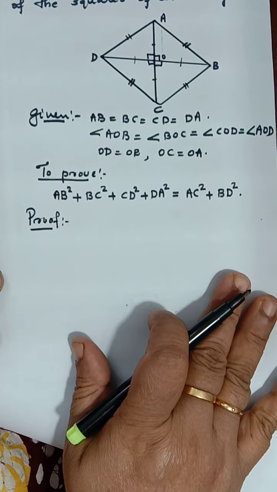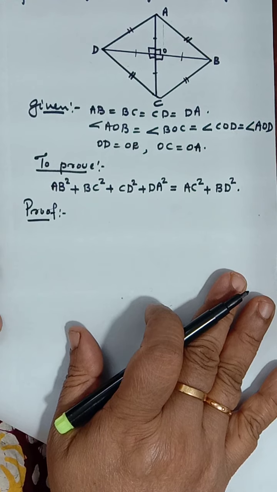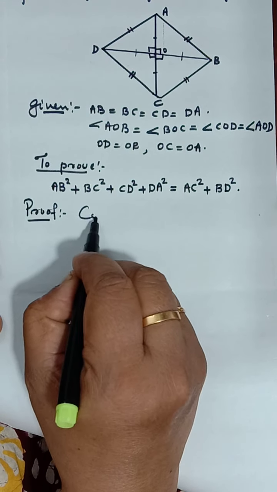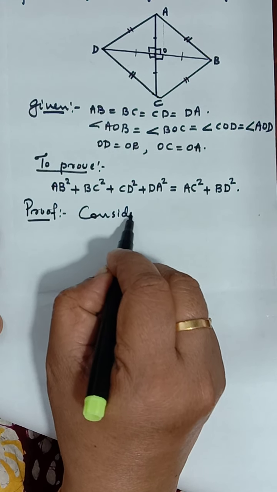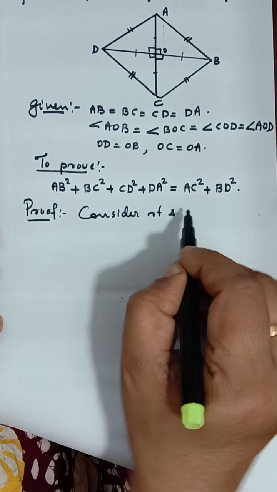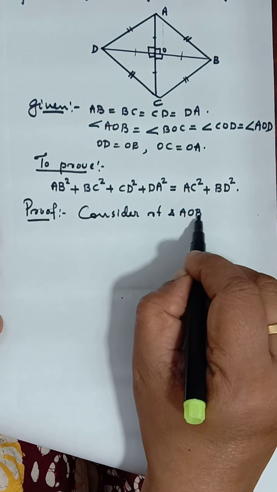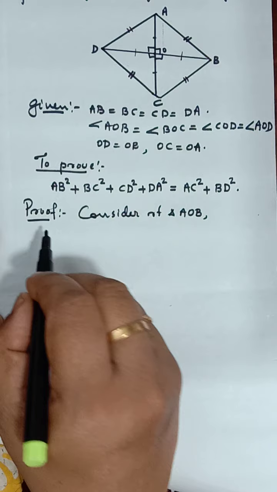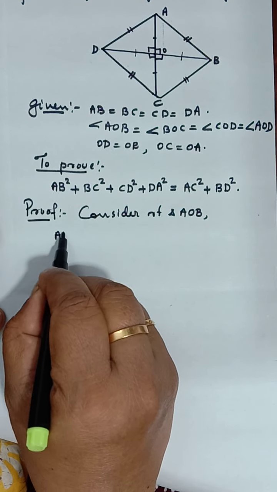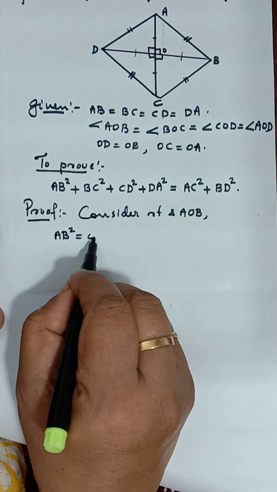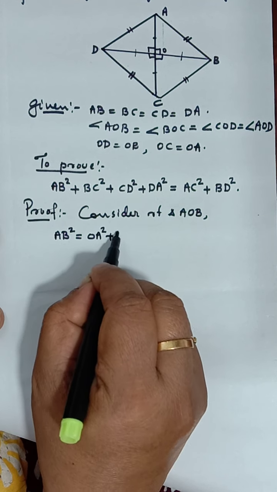So consider right triangle AOB, in which AB square is equal to OA square plus OB square.